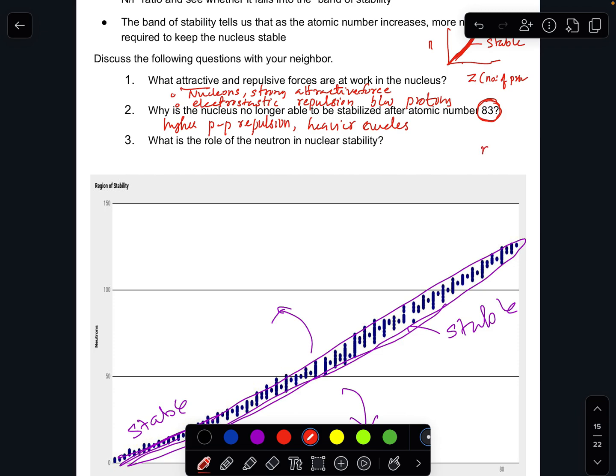So we know that neutrons are the mediators between the protons. When their numbers are not in a ratio, that will cause instability. Okay.